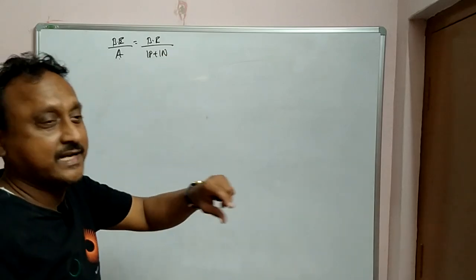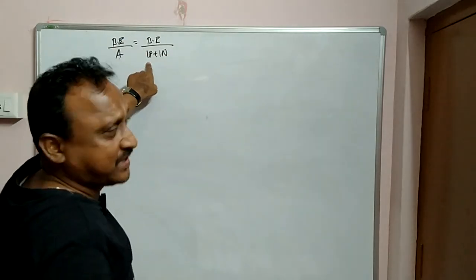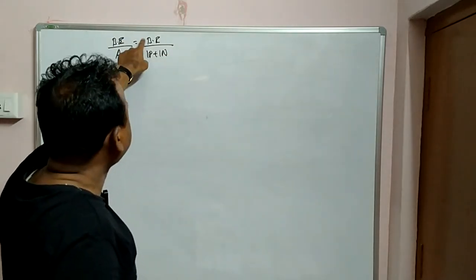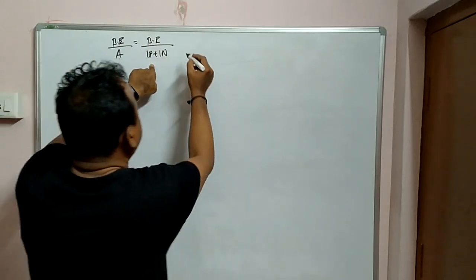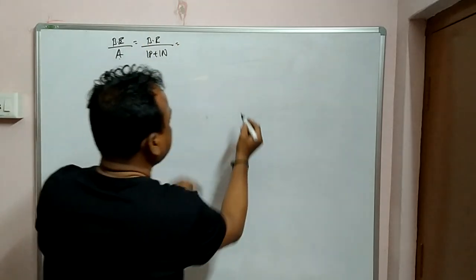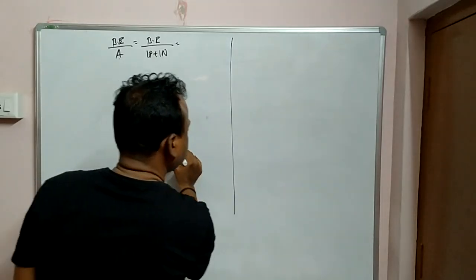What is average binding energy? Binding energy by mass number, that is, binding energy for one proton and one neutron. For example, see this graph.